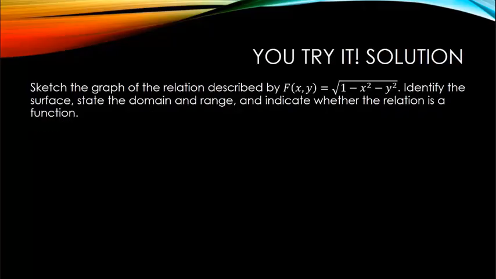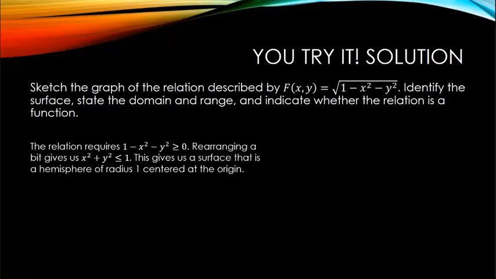The first thing I'm going to do is evaluate the expression for my relation. The relation f of xy is equal to the square root of the quantity 1 minus x squared minus y squared requires that my argument under the radical has to be greater than or equal to 0.